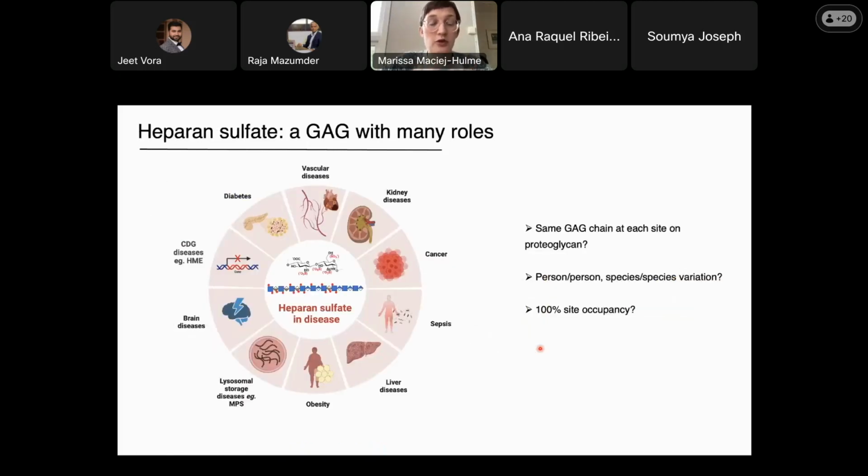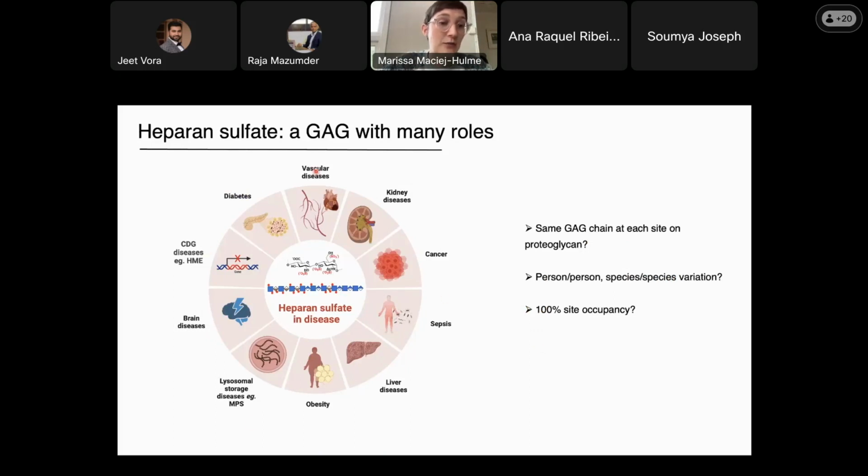So following on from this, I'm going to be using heparan sulphate as my main example here, but it is also applicable to CS and DS and also keratan sulphate. We know that HS and other sulfated GAGs have many heterogeneous structures.